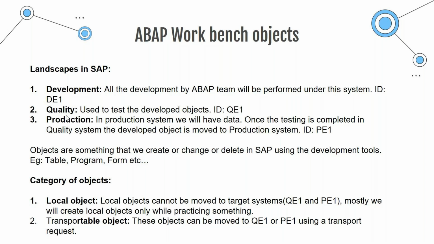After testing, if any bugs come in your object, you have to fix it and again send it for testing. This cycle will continue till your functional team is satisfied with your development.